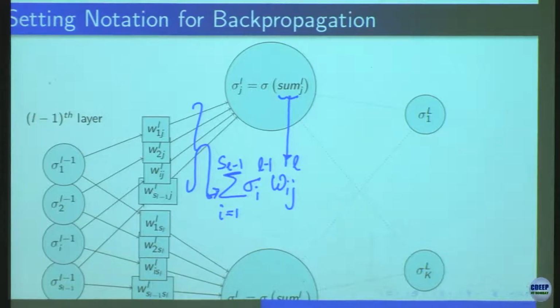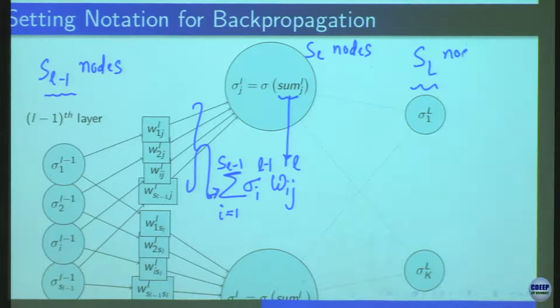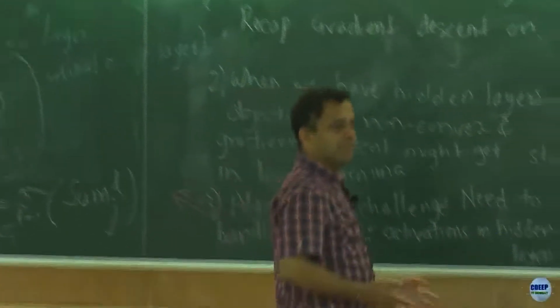So the L minus 1th layer has SL minus 1 nodes, the Lth layer has SL nodes, and the last layer has capital SL nodes. But as far as writing on the board is concerned, I'll try to avoid using this SL. S is just the range. Otherwise, summation over I will just mean everything in that layer.